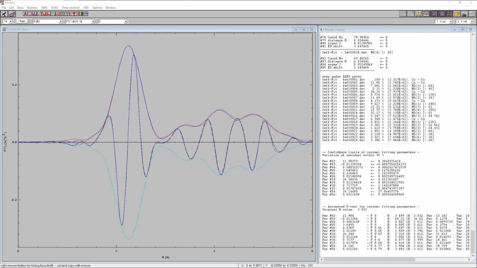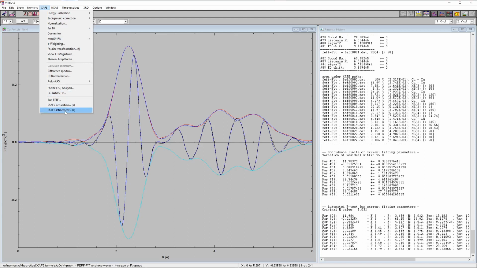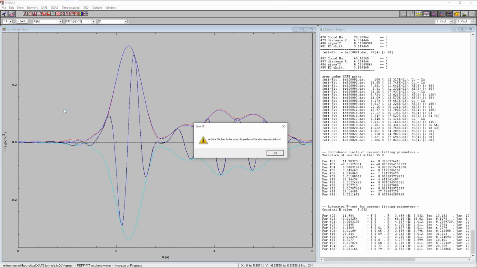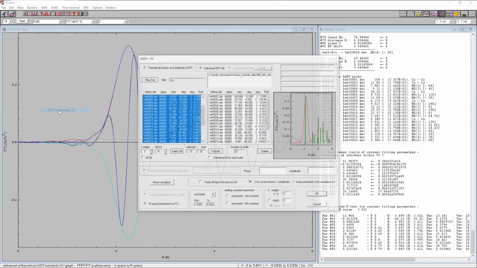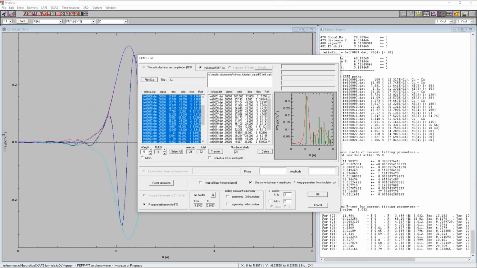So that means we either need to decrease the number of coordination numbers that are running free in the refinement, or we need to decrease the number of Debye-Waller factors. So going back to the EXAFS refinement, we can keep all those shells and the range in the R space.